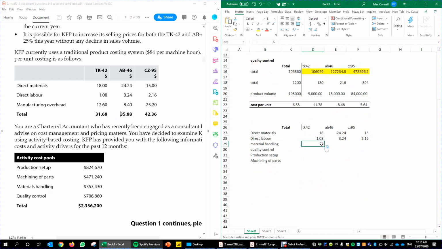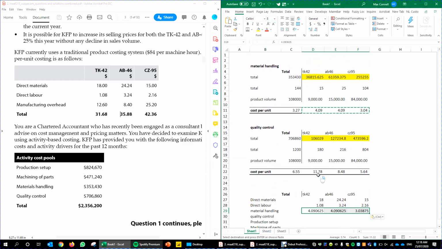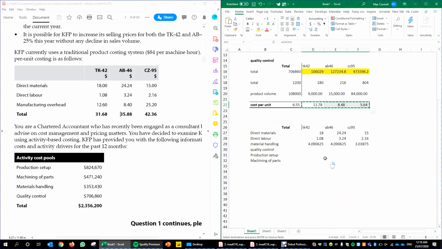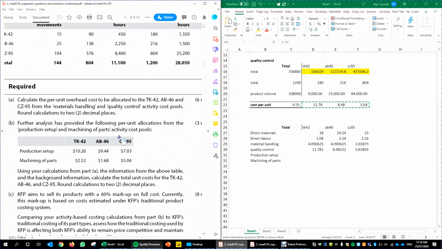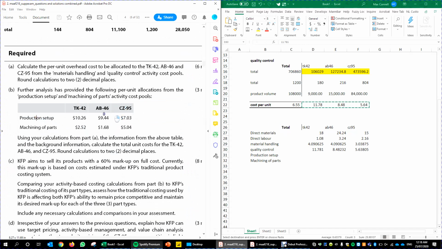For material handling, we can get that value there, 4.096, and for quality control, we can just copy this down here. For the bottom two, they've given it to us in question B, so we can see production setup. I'm just going to copy these, 10.26, 9.44, 7.03, and then these ones have set 2.52, 1.68, and then finally 5.04.